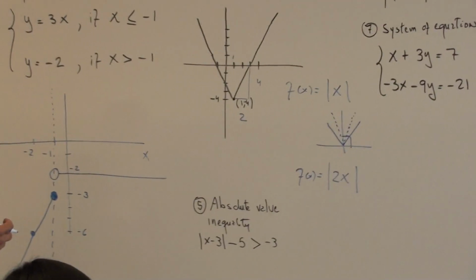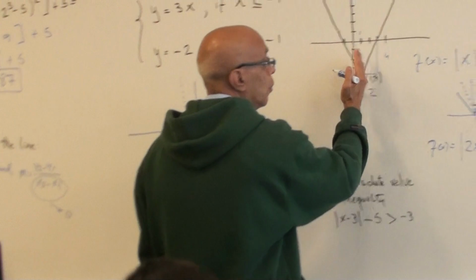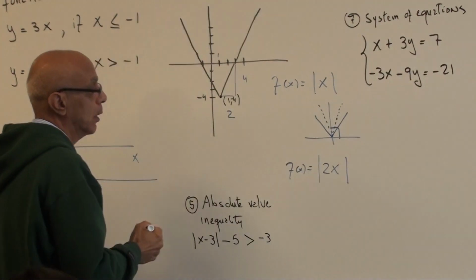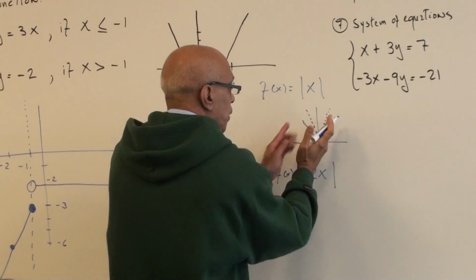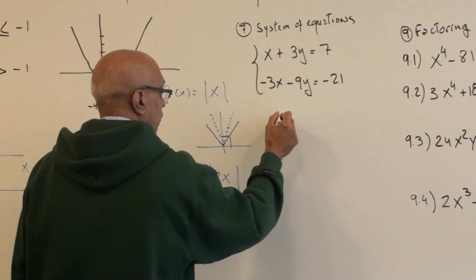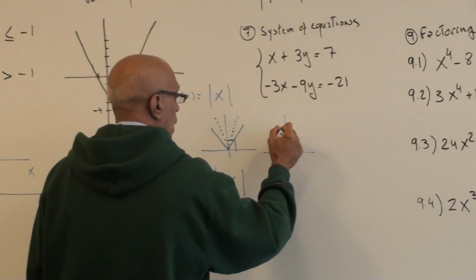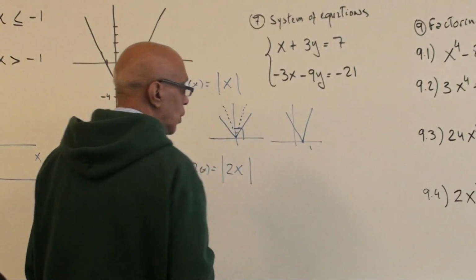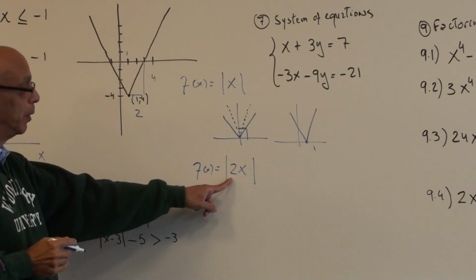Now, it has shifted to the right. How much has it shifted to the right? 1, right? So if I'm going to shift this to the right by 1, so at 1, it needs to be 0, but the slope is 2.